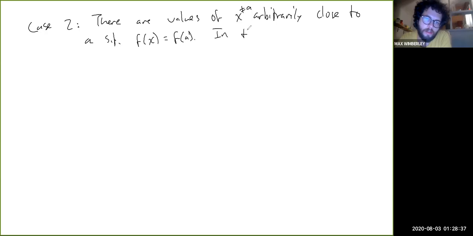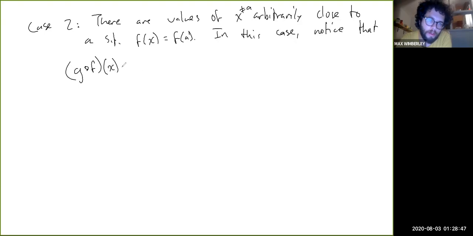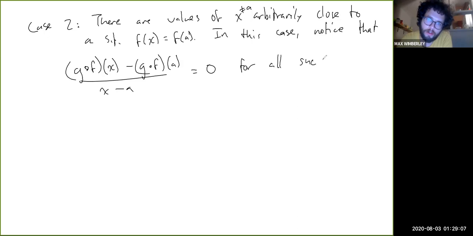In this case, notice that g compose f of x minus g compose f of a over x minus a is defined, obviously because x is not equal to a, but it equals 0. So this equals 0 for all such x.